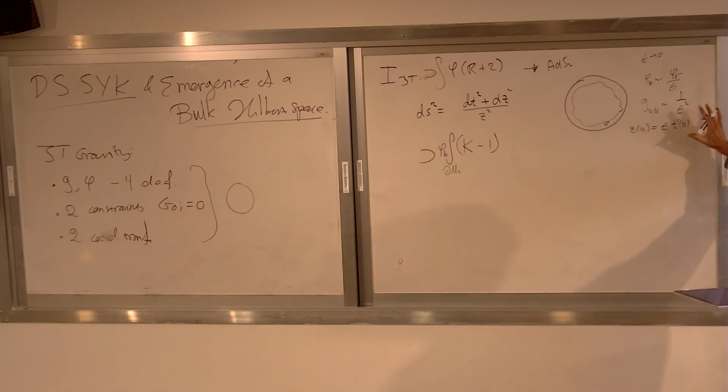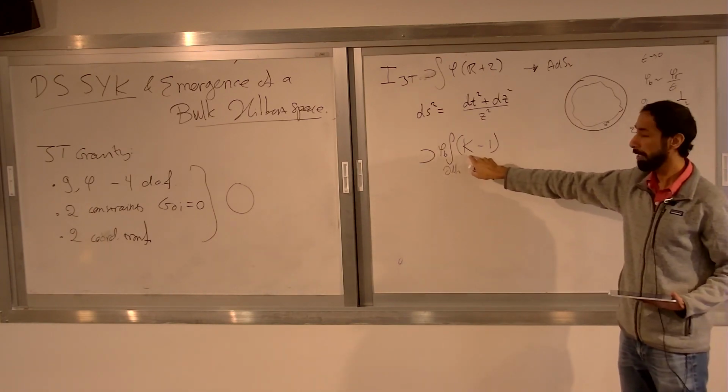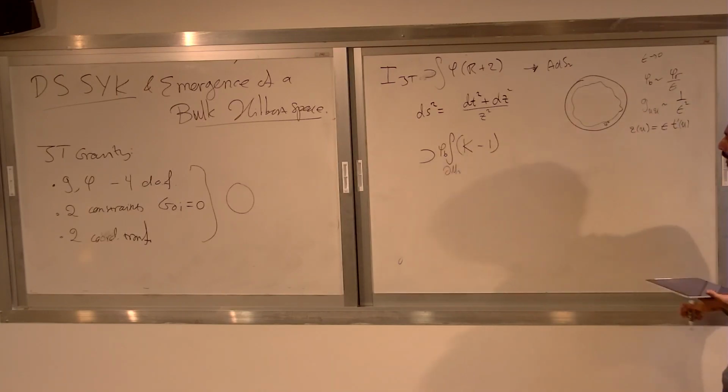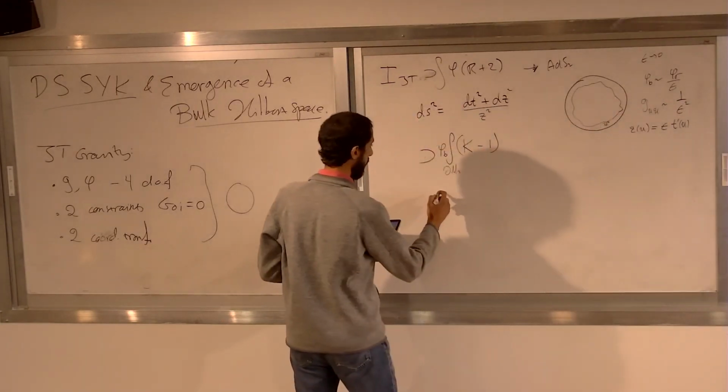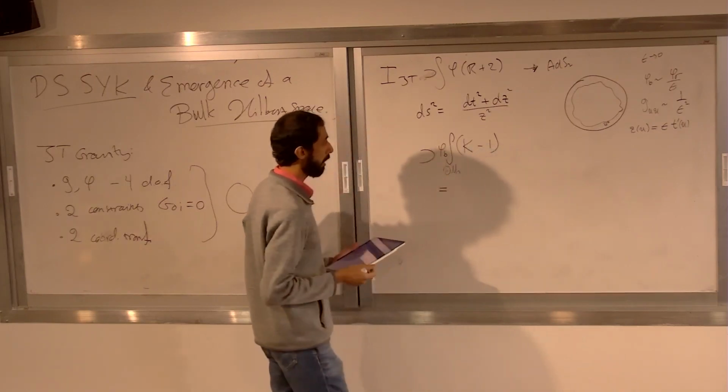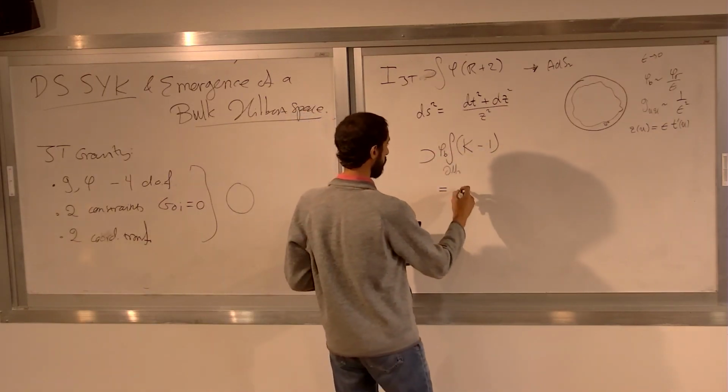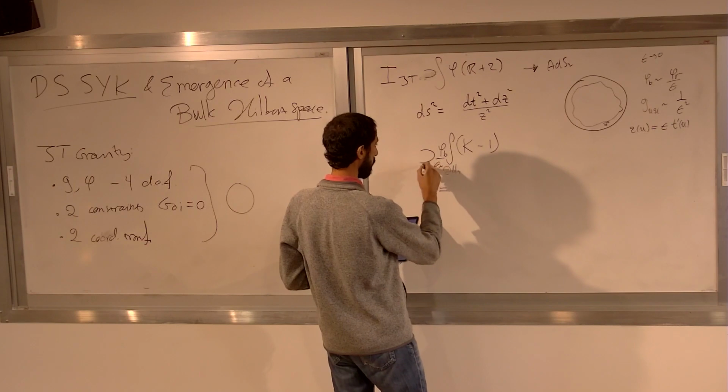This information is sufficient to evaluate what the extrinsic curvature is. And you find the following answer. There's a G Newton here with some numbers.